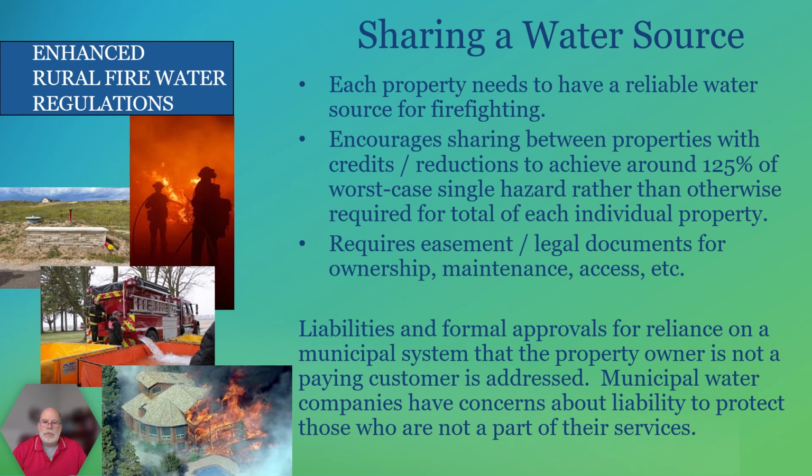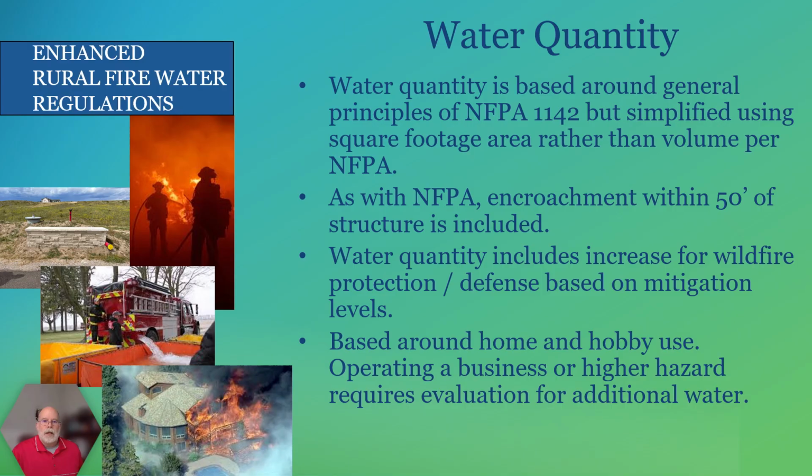So important things to consider when you're sharing water or just saying, we're not going to make you put a cistern in, we'll do hauls from the hydrants down the street. But again, there's liability issues with who's making sure that they have permission to use that water, and who's liable for it. So let's take a look at how Section 5 calculates the water quantity.